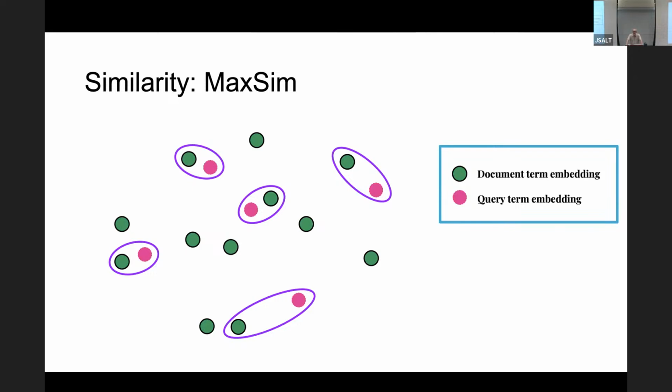Okay? And then you sum those up, and the lower the sum, the better the similarity. So this is called MaxSim, and it's a way to take a bag of vectors and a bag of vectors and calculate a similarity between them. And the reason we start from the queries and look around for the documents is this. In almost all cases for retrieval, the query is much shorter than the document.